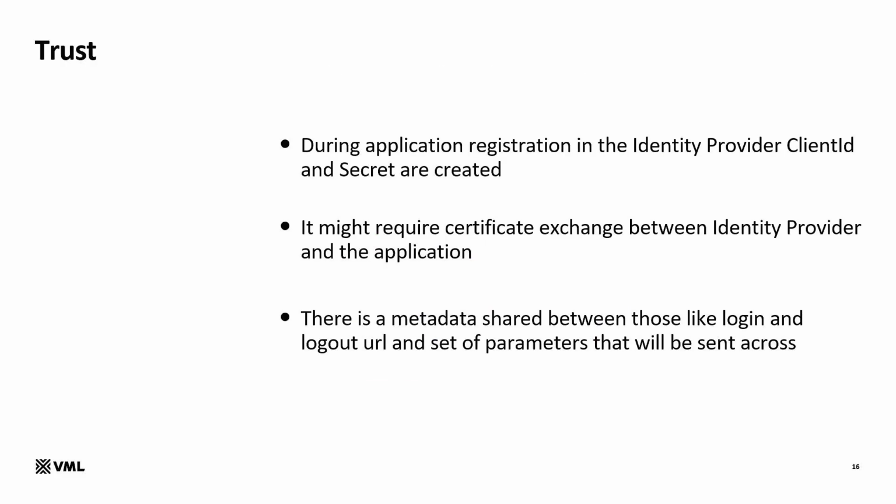So, the trust. When we register an application in the identity provider, the identity provider shares with us some secrets that we can use, like the client ID and client secret, and all the URLs that are used for redirecting the user during the authentication process are whitelisted.